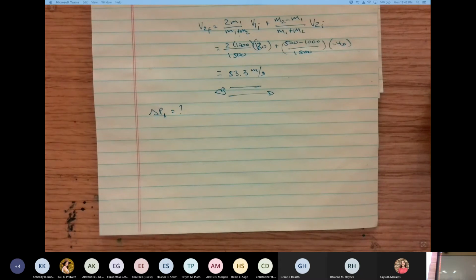Actually, you can calculate the change in momentum of both cars.